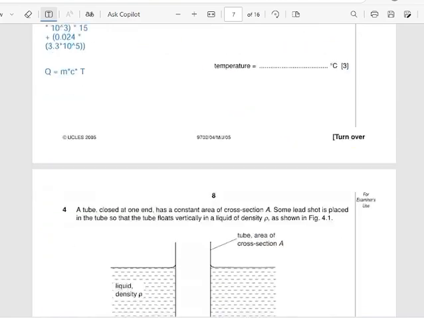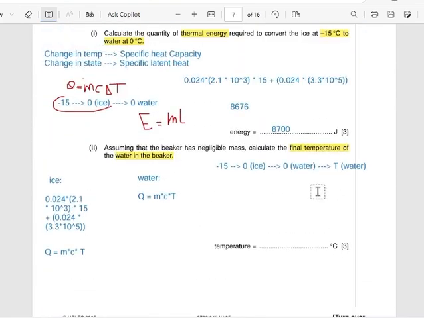We have to assume that no heat is lost to the surroundings, so the heat is exchanged within the system. That is why we have written this formula here.